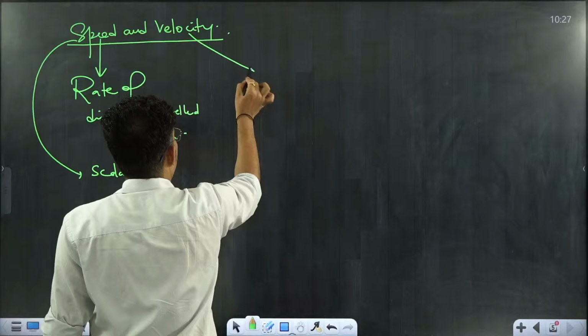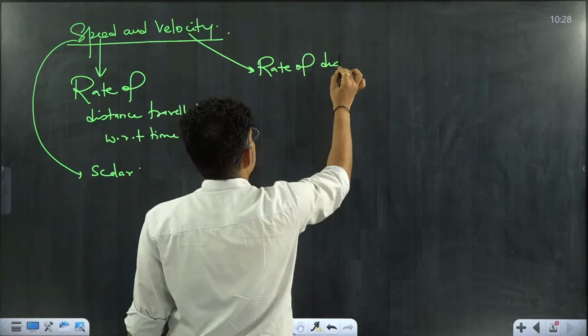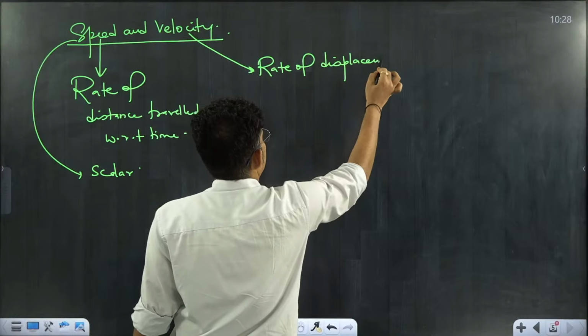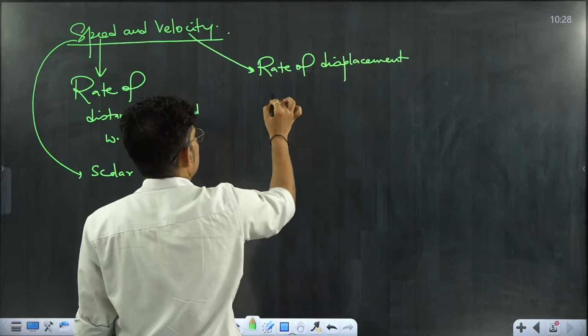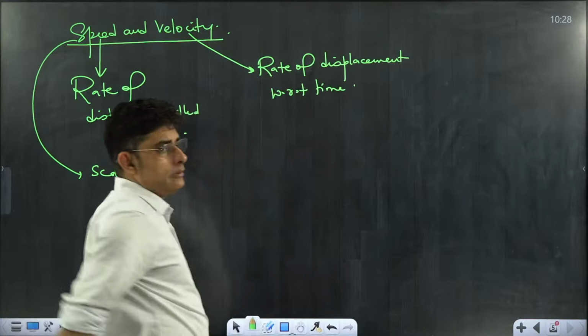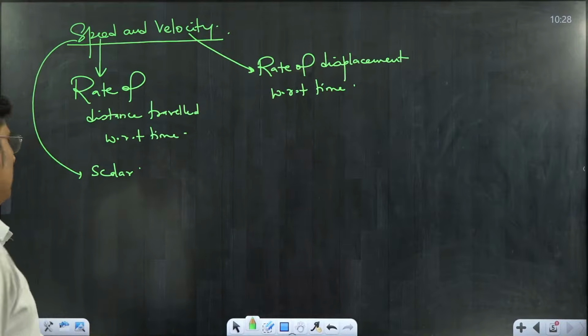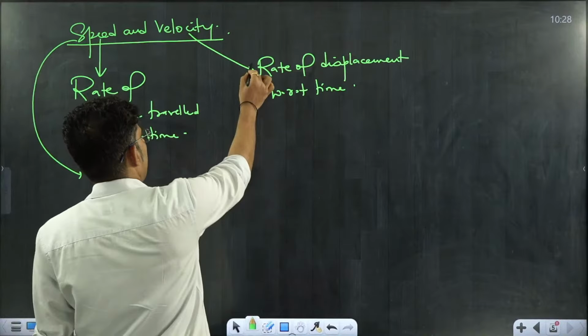Whereas when we talk of velocity, it is the rate of displacement with respect to time. So with time, how much you are getting displaced, that rate is called velocity, and obviously it is a vector quantity.